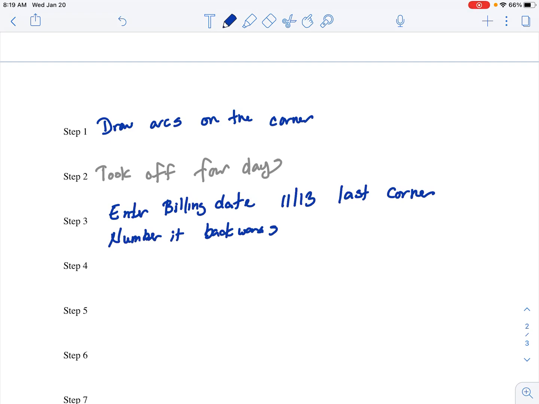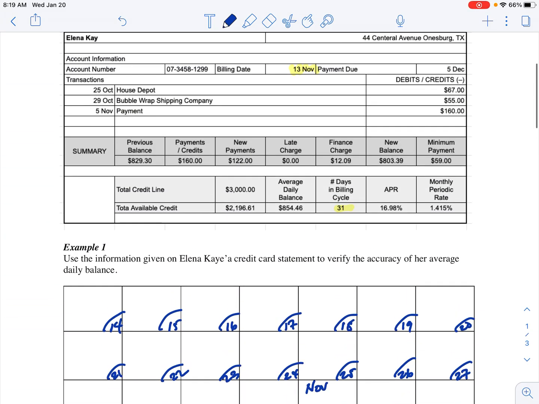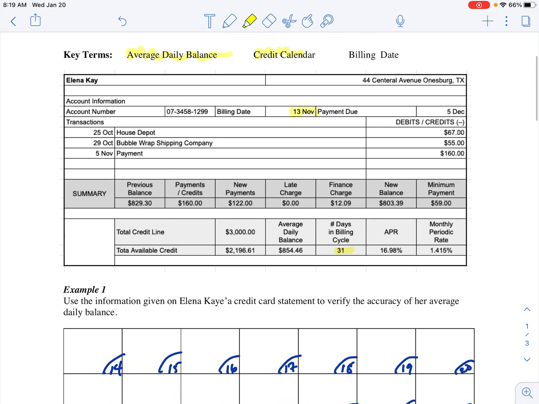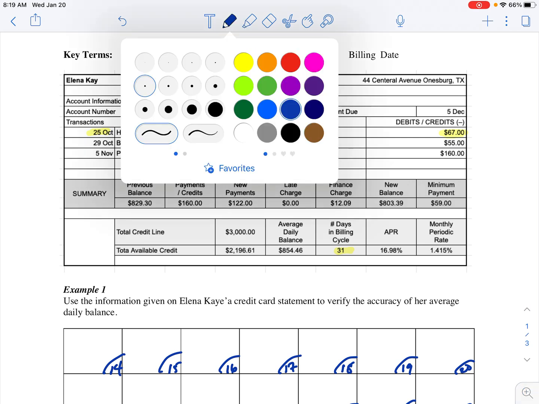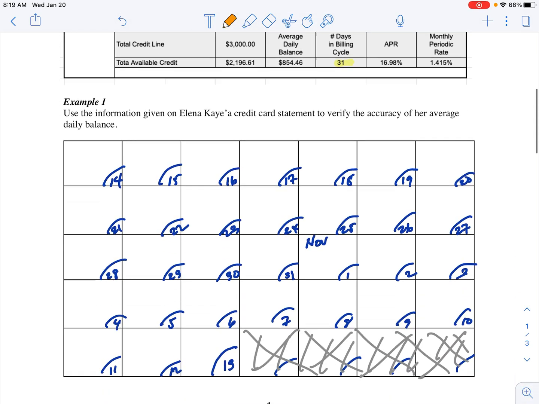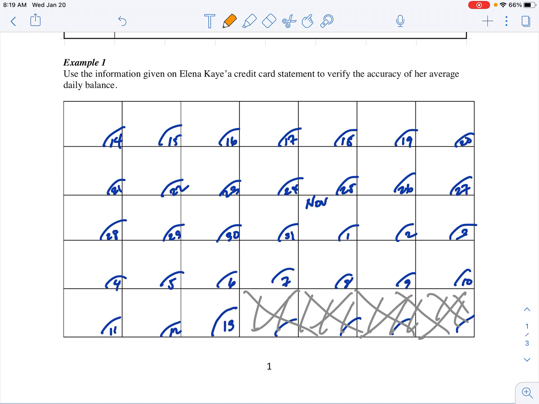So we'll put a plus sign where we had our charges. What's happening is this: on October 25th, we had a $67 charge. So let's look at October 25th, and that's a plus 67.